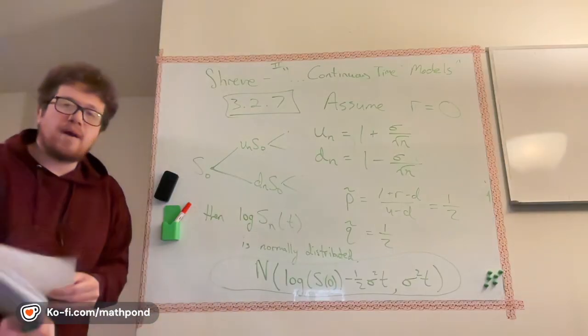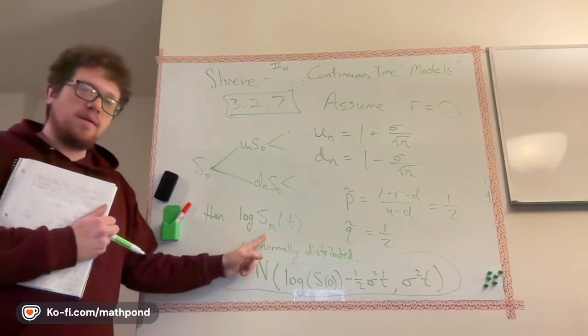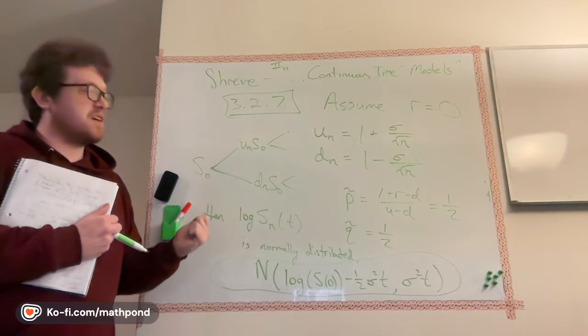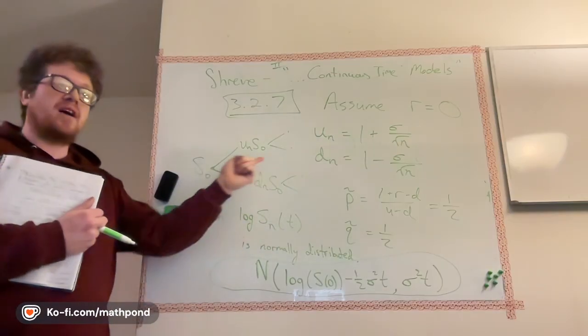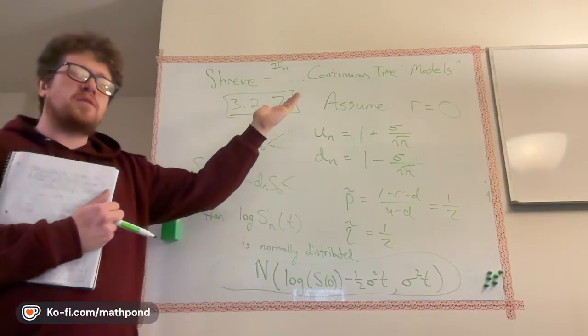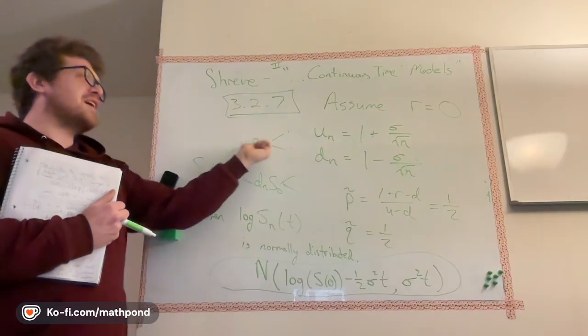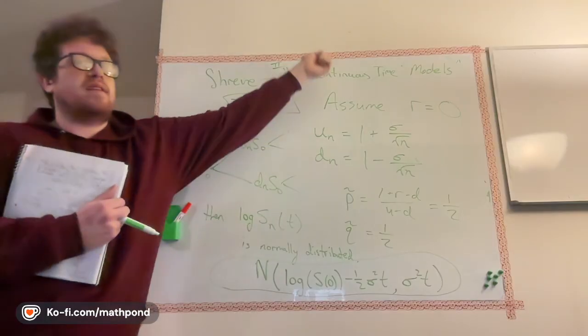So I just wanted to compare and contrast the log of the random variable with the random variable itself, because they have two very different distributions. The fact that we're multiplying these randomly actually skews the distribution up, because you could get a lot of sequences of ups, and because you're multiplying, they compound.